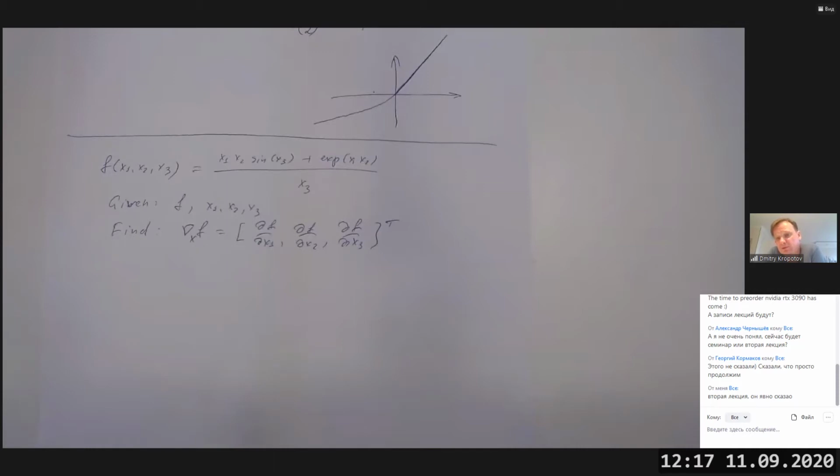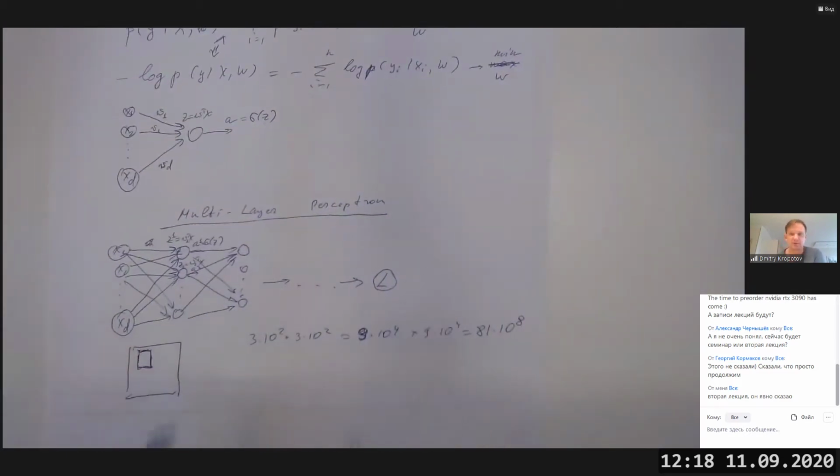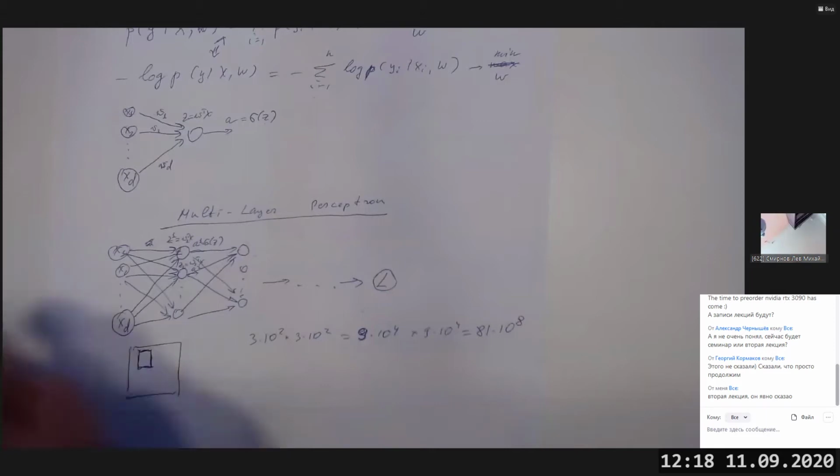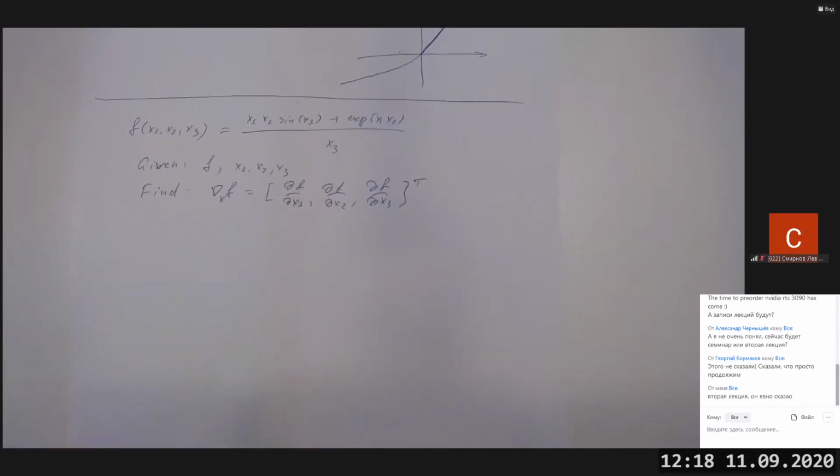Also, to derive this analytic expression on paper, not in this simple case, but when you have a neural network with a lot of layers, and in each layer you have matrices of parameters, or in a more general situation even tensors of parameters, it is not possible to do. Yes, some question? No? Okay. So analytic derivation is not an efficient way to calculate the derivative on a computer.